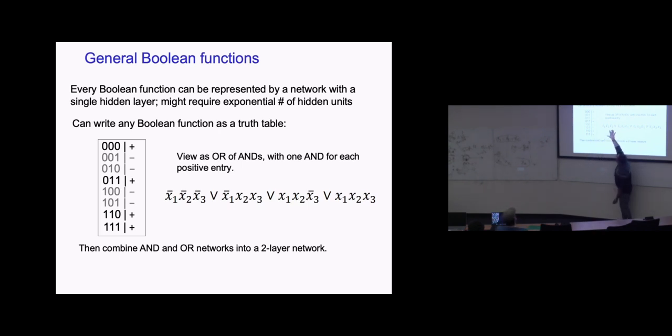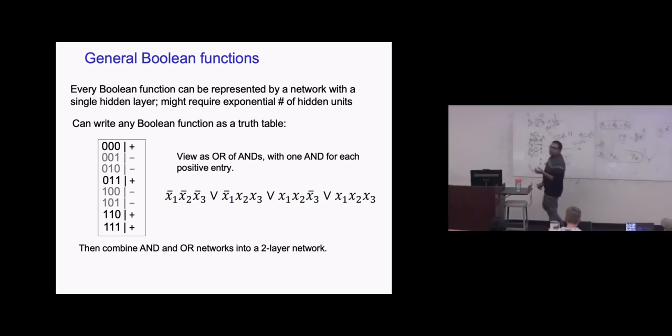So essentially, you can represent any Boolean function with ORs of ANDs and ORs of negative ANDs. Then, because we can represent OR and negative AND, now we can represent any arbitrary Boolean function, because any function can be approximated with this disjunctive normal form.